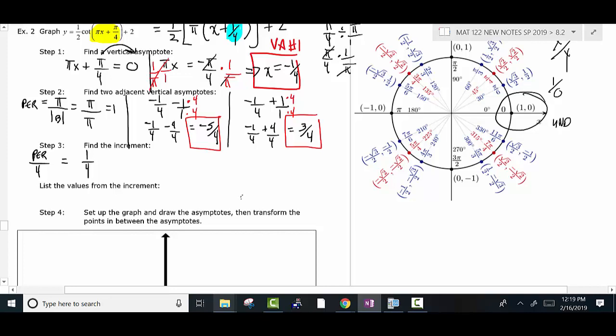So we're just going to start counting out this increment starting with 0. So 1 over 4, count by the numerator, 2/4 is a half, then 3/4, see you're at an asymptote. So that's a good stopping point because that gives you an asymptote. Go backwards, it'd be negative 1/4, because the increment's 1/4.